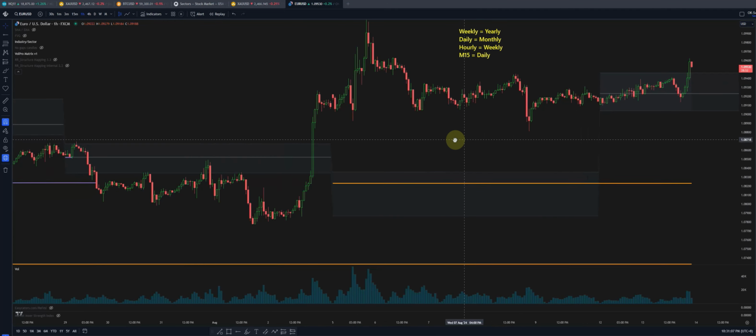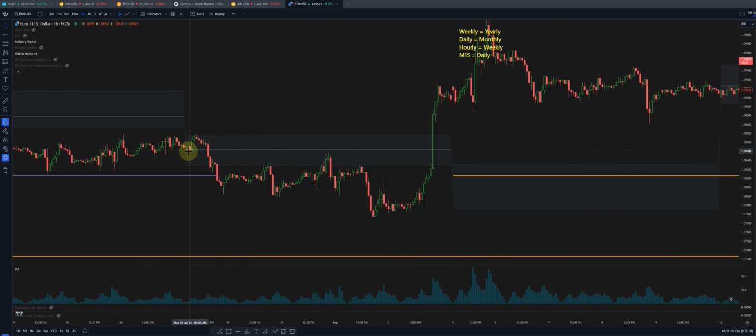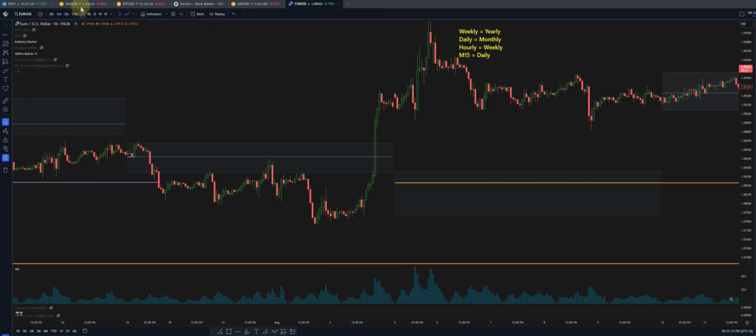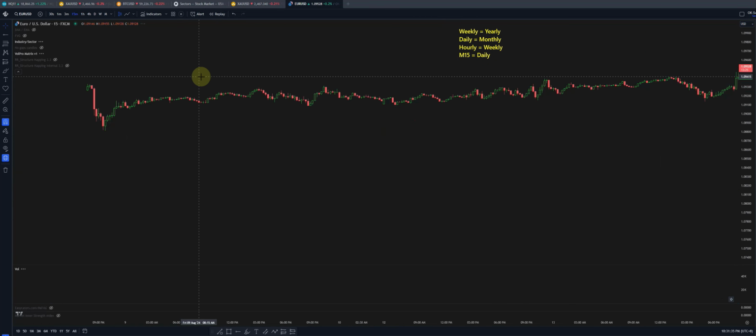And this week, from the POC to the value area high, then value area low, then rejection from the value area low, then cleared the value area low and reached the POC, rejected, and then value area low, rejected again.